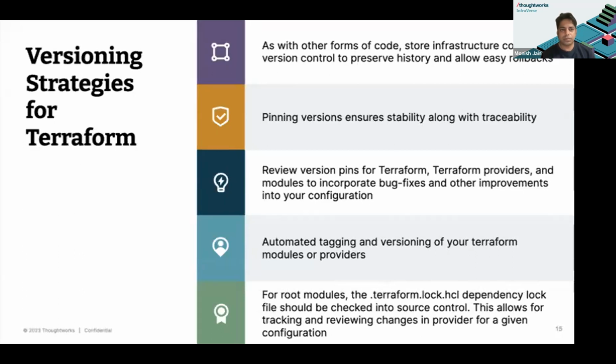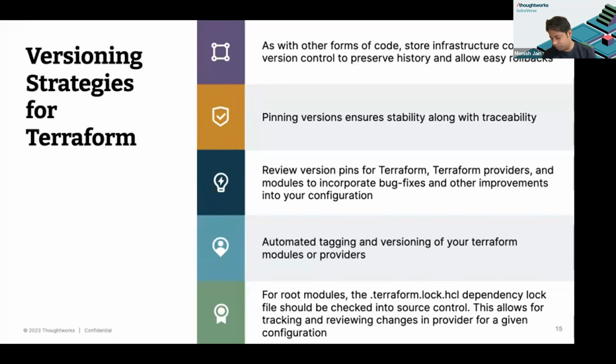But pinning of versions brings its own challenge. If we are always pointing to latest, then we are sure that we always get all bug fixes and security fixes in our dependencies. But when we are pinning to specific versions, we need constant review of the new releases or versions being released from those providers or modules.